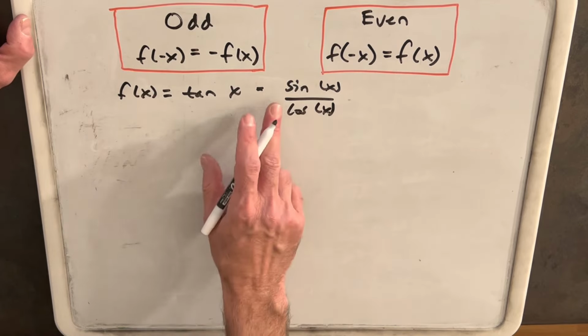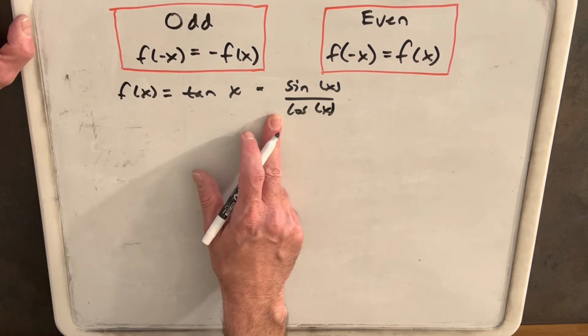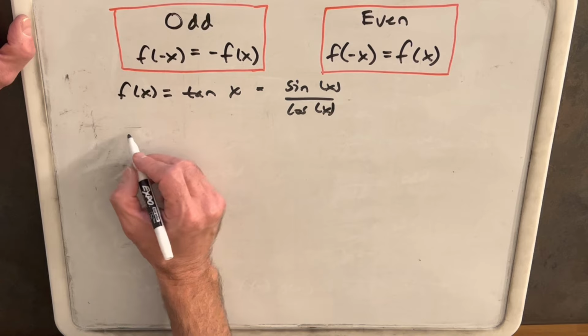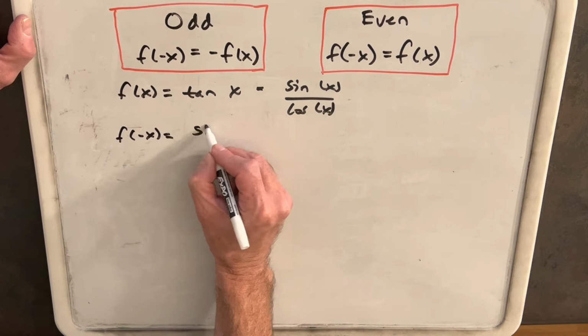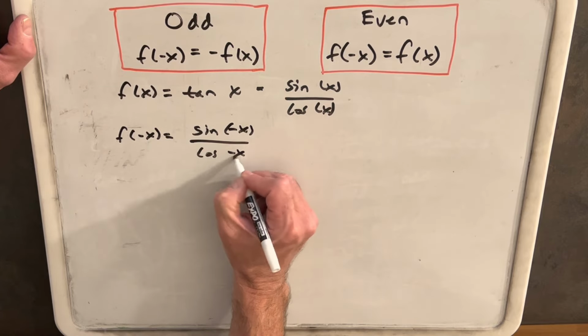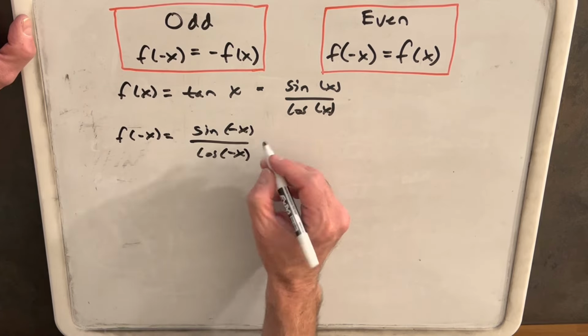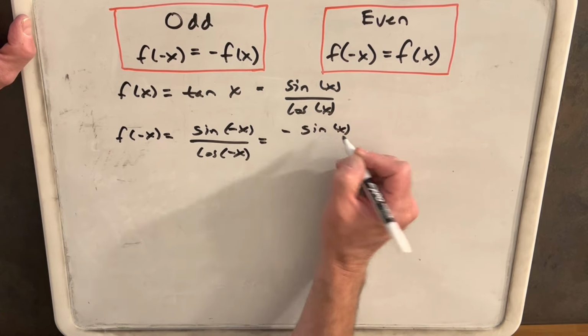And then when we do that, we can see we have an odd function over an even function. So then let's look at f of minus x. We'll plug in sine of minus x over cosine of minus x. Because sine's an odd function, we can rewrite this as minus sine of x.